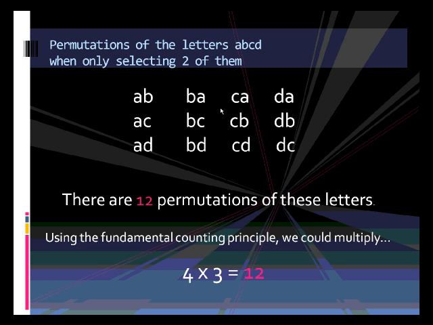If I pick 1, how many different ways are there to pick 1 letter? 4, because if I have 4 in a hat, I could pick any of those 4. After I pick that one, I keep it out. So how many are left in the hat to choose from? 3. So that's 4 times 3. And we only want 2 letters, so that's why we stop at 4 times 3.